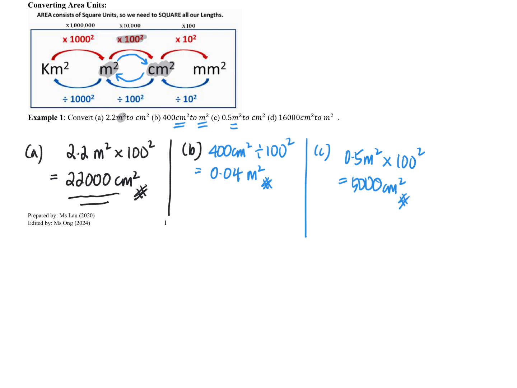Lastly, cm square go back to meter square, this direction, so we will divide by 100 square.